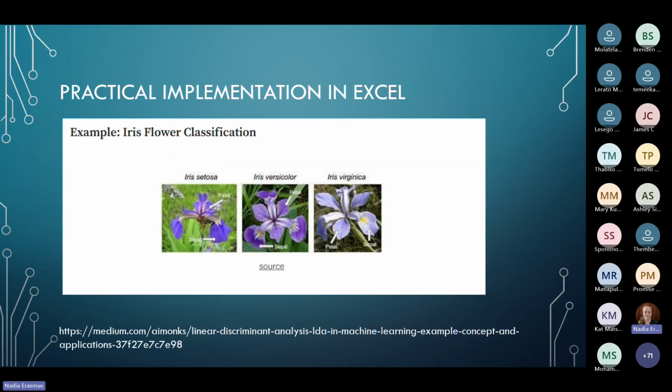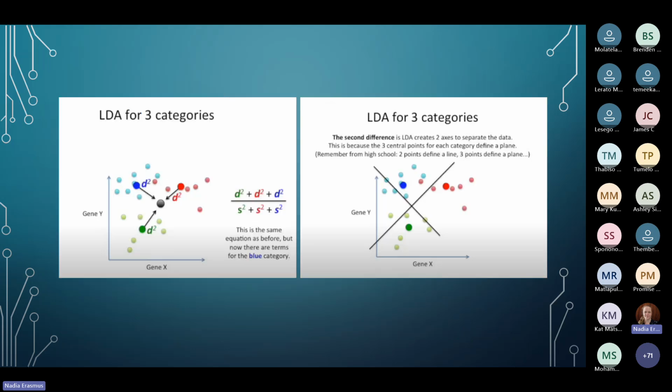Okay, so I'm going to look at the iris flower. The D is our whole data set, and in this case we're going to have 3 different classes, and this is where the D comes in. So we have the distance of D, one for each class.